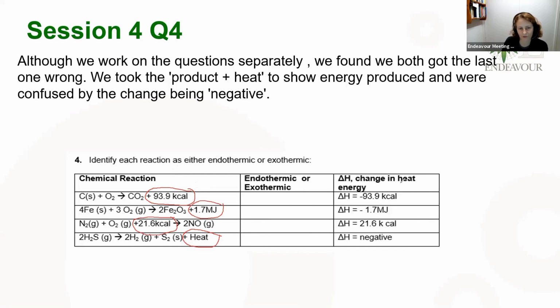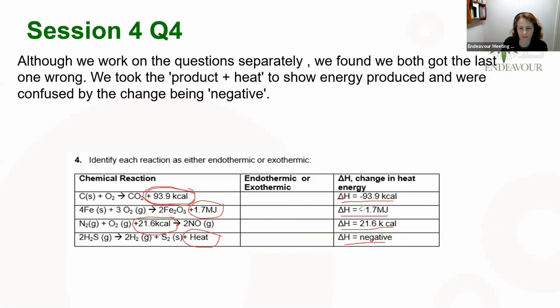Another way of doing it, of course, is over here. We're actually told the change in the heat. You can see that the first one, the delta H, is minus 93.9 kilocalories, because the kilocalories are on the product side.